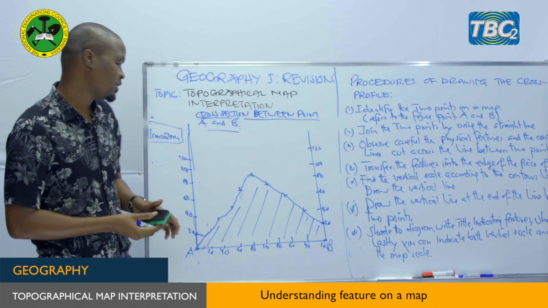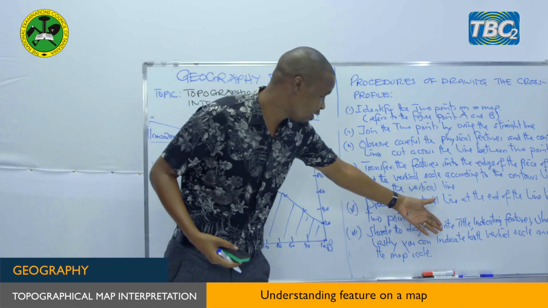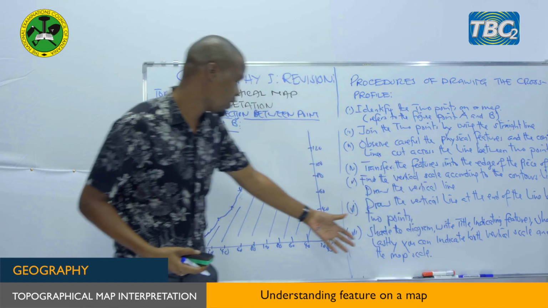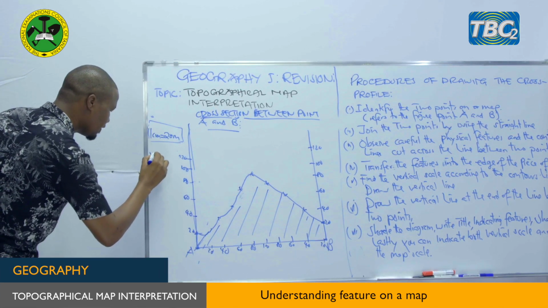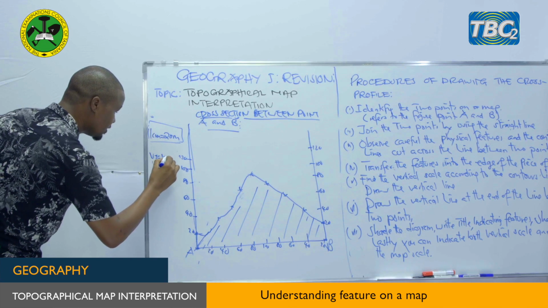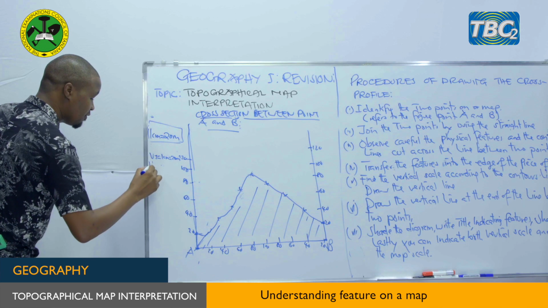Thereafter, the last thing, you can indicate both the vertical scale and the map scale. You may write our vertical scale: 1 centimeter represents 20 meters, and we may also write the map scale given.